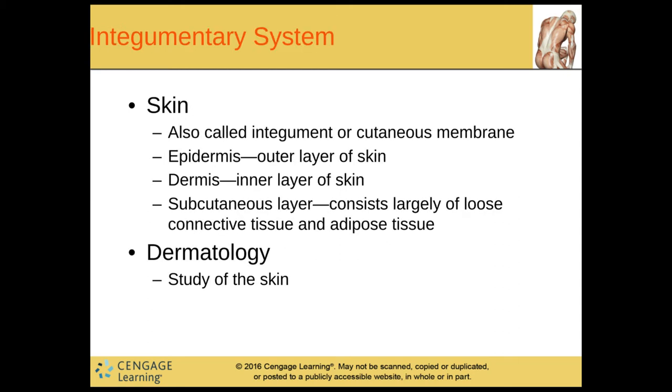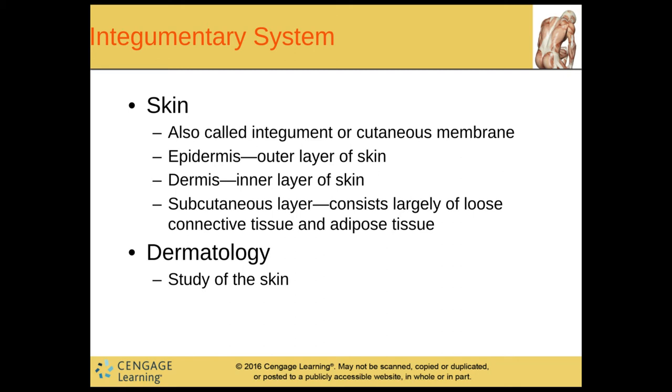So the integumentary system. The skin is also called the integument or cutaneous membrane. So we have the epidermis, that's the outer layer of skin. So that's what you see, right? And then the dermis is the inner layer of skin. And then we have a subcutaneous layer, which consists largely of loose connective tissue and adipose tissue. Okay, so that's kind of like those fatty layers, right?